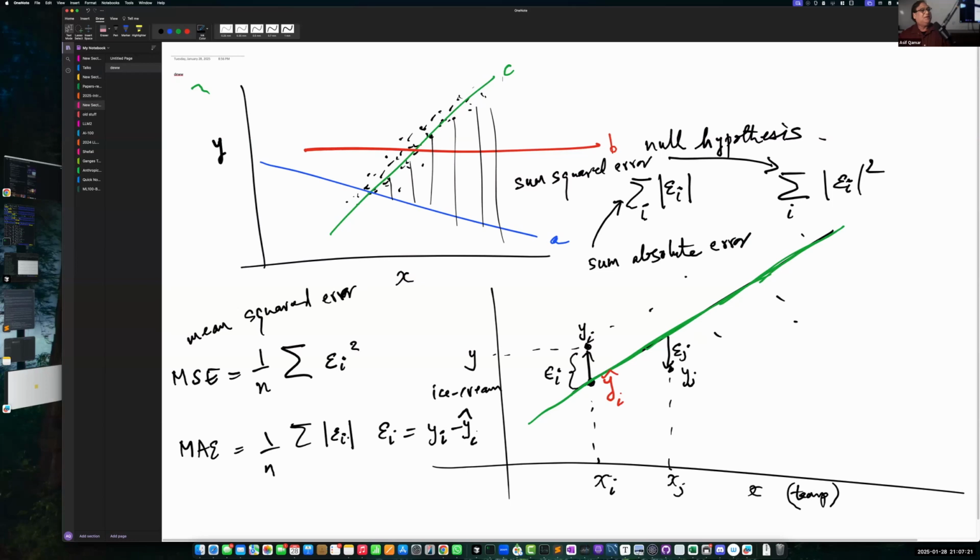Right? So it's called the BLUE theorem. Right? What is the BLUE theorem? You should tell me. Okay, BLUE stands for best linear unbiased estimator.